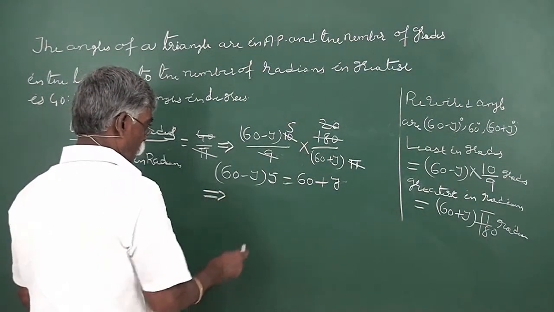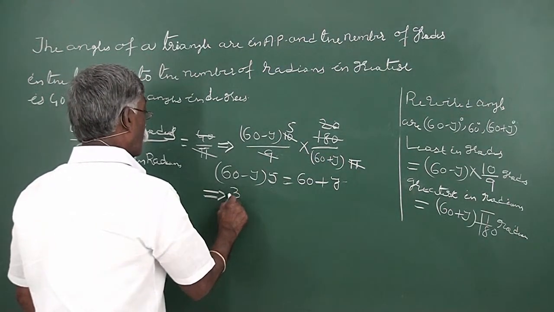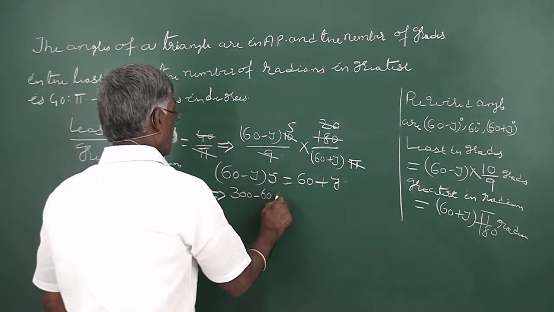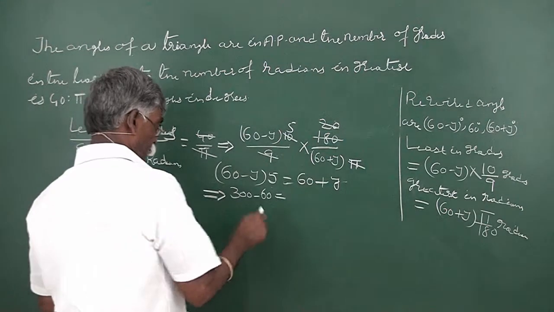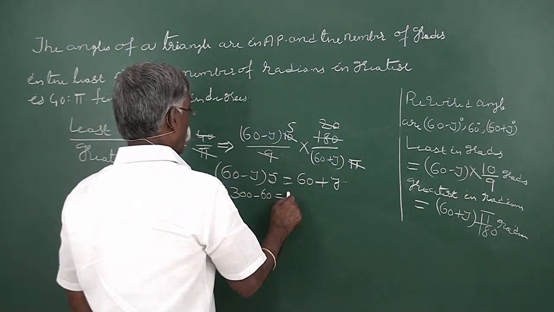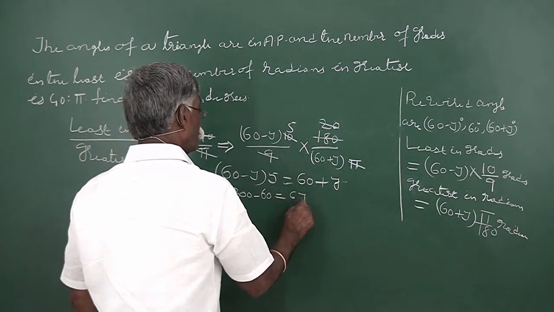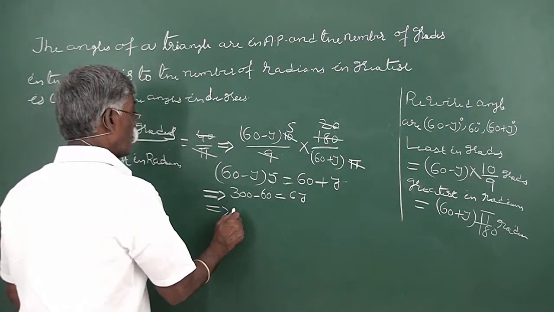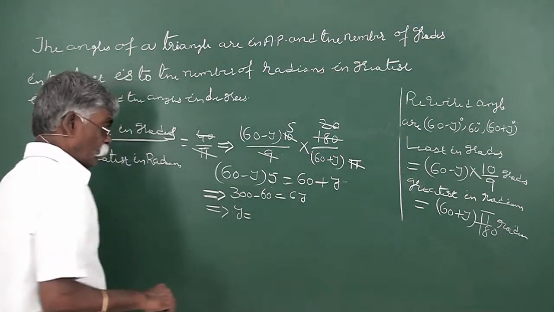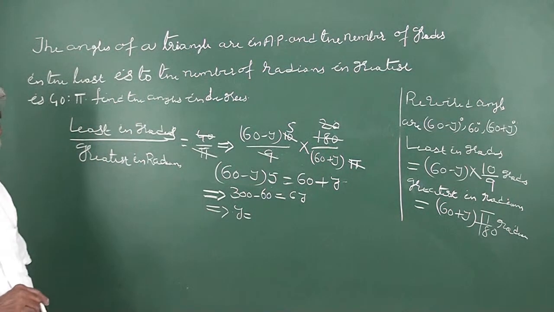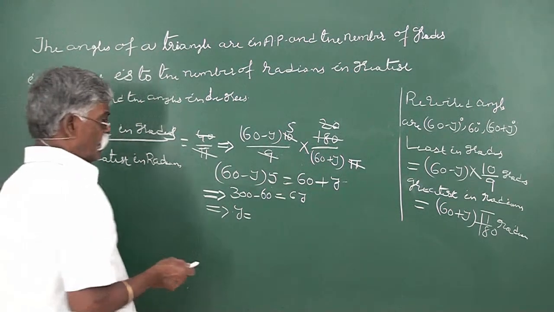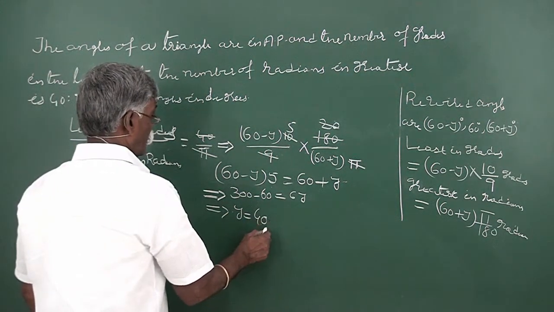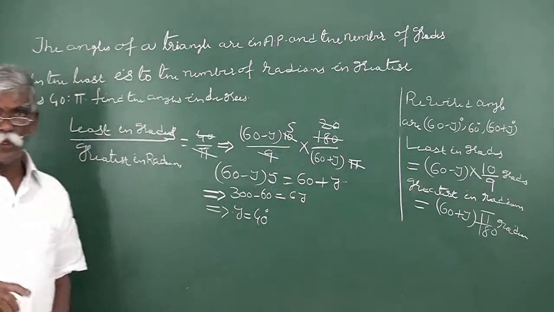So this implies 300 minus 60 is equal to 6y. So this implies y is equal to 300 minus 60 is 240, and by 6 it is 40 degrees.